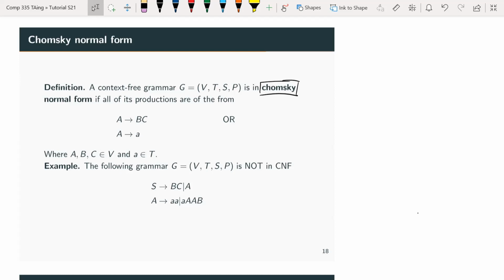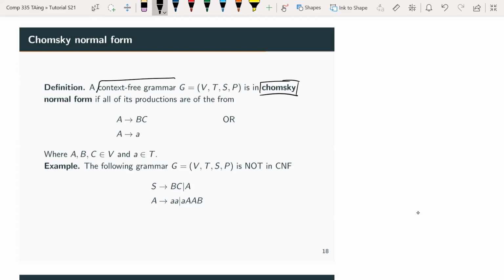But it does allow for some additional efficiency. So that's the whole reason why there are normal forms. It's very similar to how, if you took the database class, there are normal forms for databases. This is an analogous concept, but for context-free grammars. So that's the motivation. So now, what is Chomsky normal form?